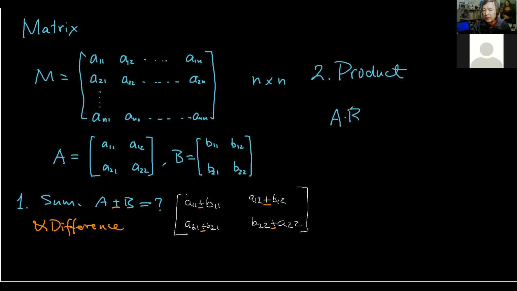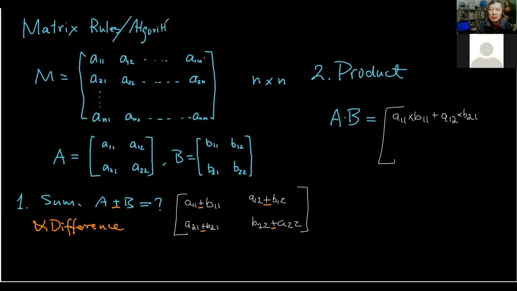Do you remember? I remember there's a rule, like columns and rows. It is a row matrix times a column. So A11 B11 plus A12 B21.